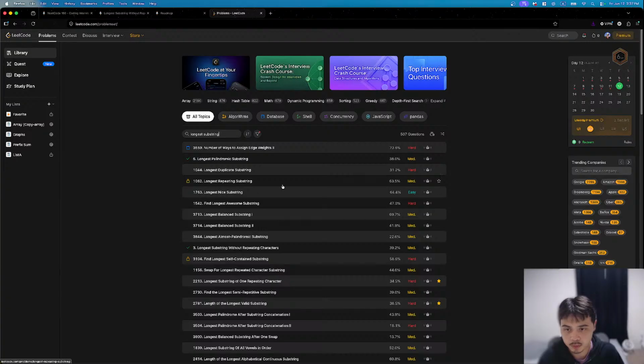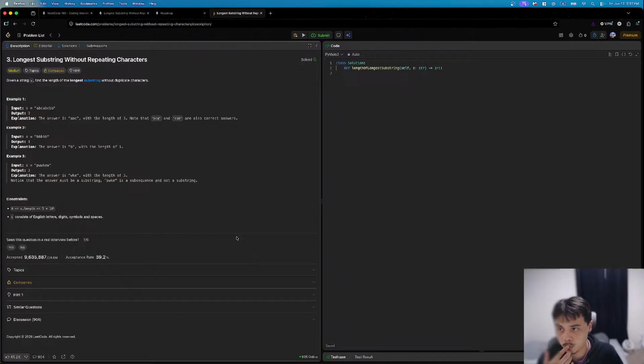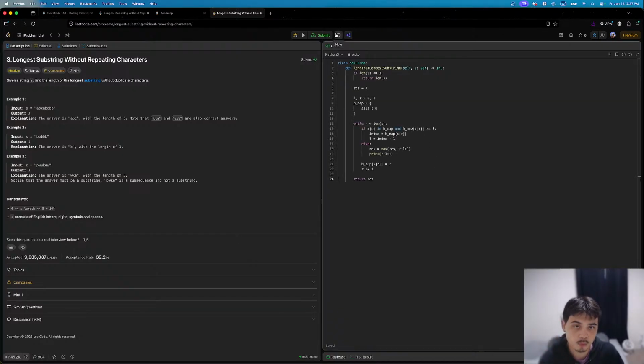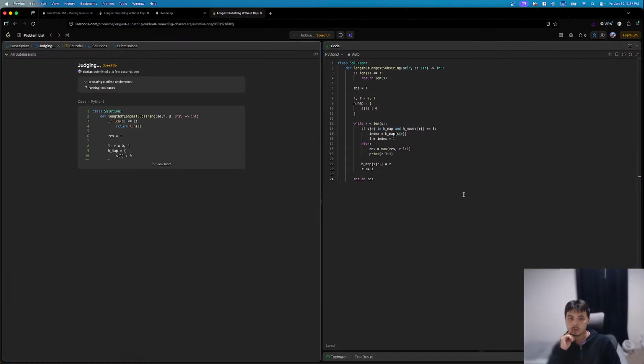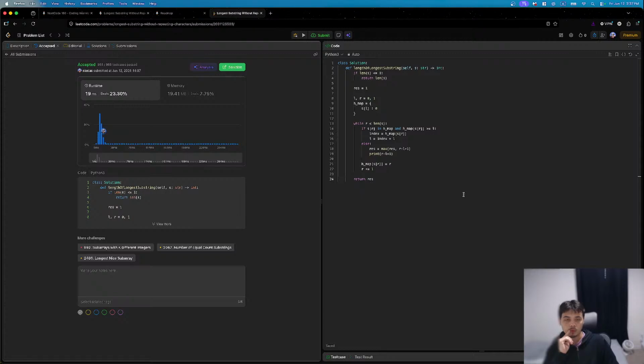Length of longest substring. Okay, this is the problem. Let's try it. Should work, right? Okay, it should work.